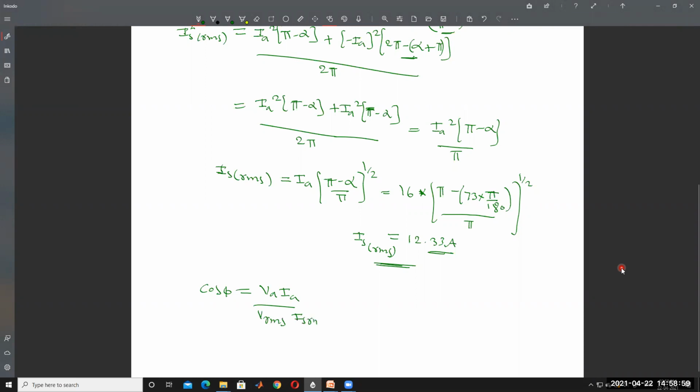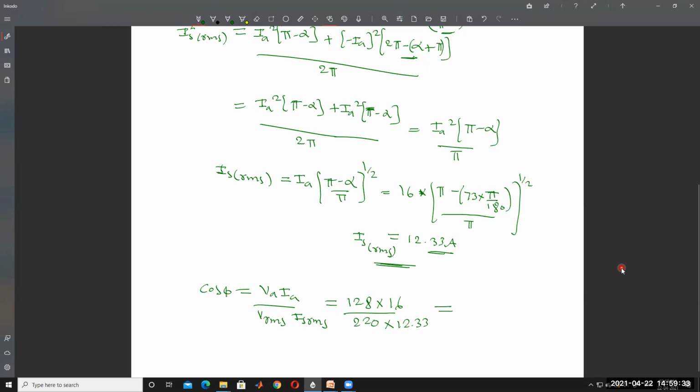The armature voltage VA is 128, IA is 16, divided by VRMS, which is 220, and IS RMS is 12.33.